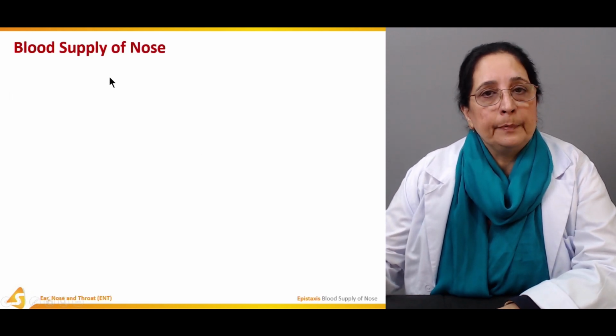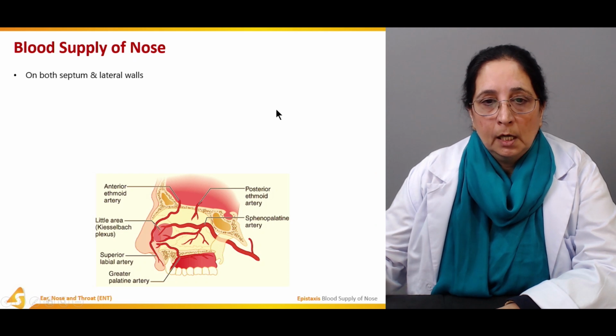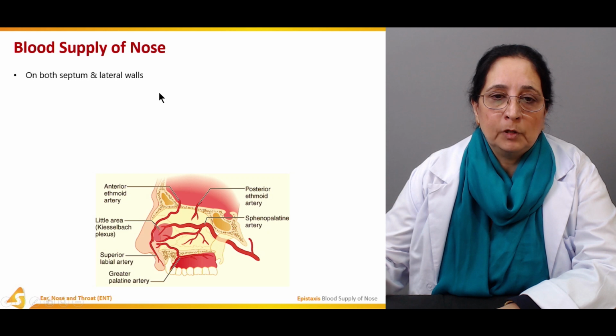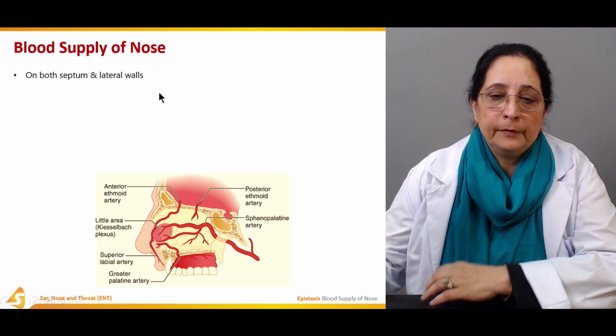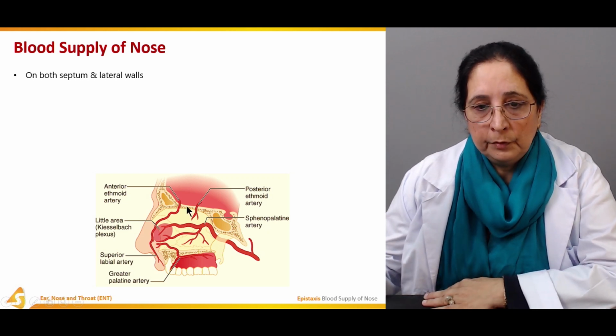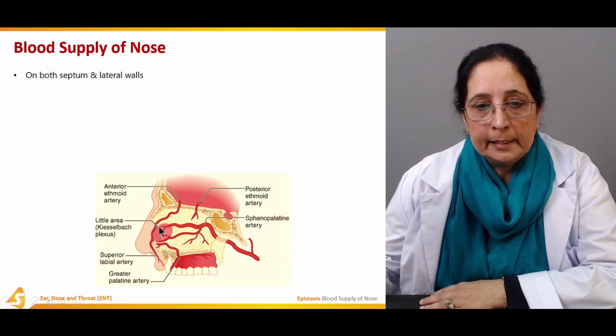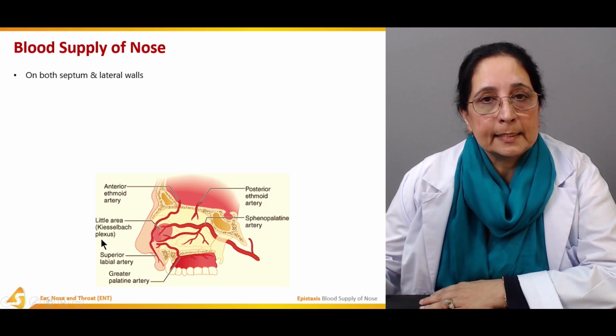First, the blood supply of the nose on both septum and lateral wall. So, blood supply of the nose here, if you see, we talked about Little's area, and Little's area is also known as Kieselbach plexus.